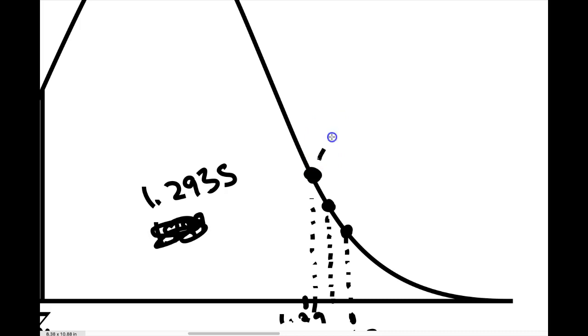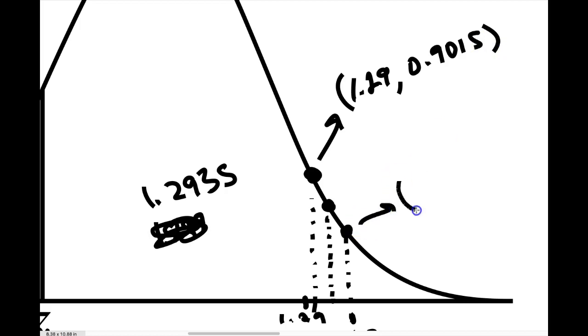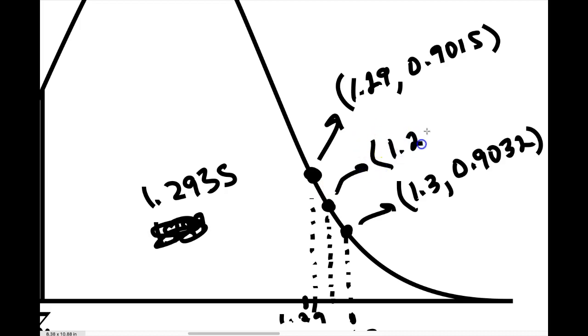So to make my point here, this is 1.29, and the corresponding probability for that is going to be this value here. This is 1.3, and this data value is going to be here. Okay. And now here, what we're saying is if we do the 1.29 blah, blah, blah number, what is going to be this corresponding y value? So that's essentially what linear interpolation is about.